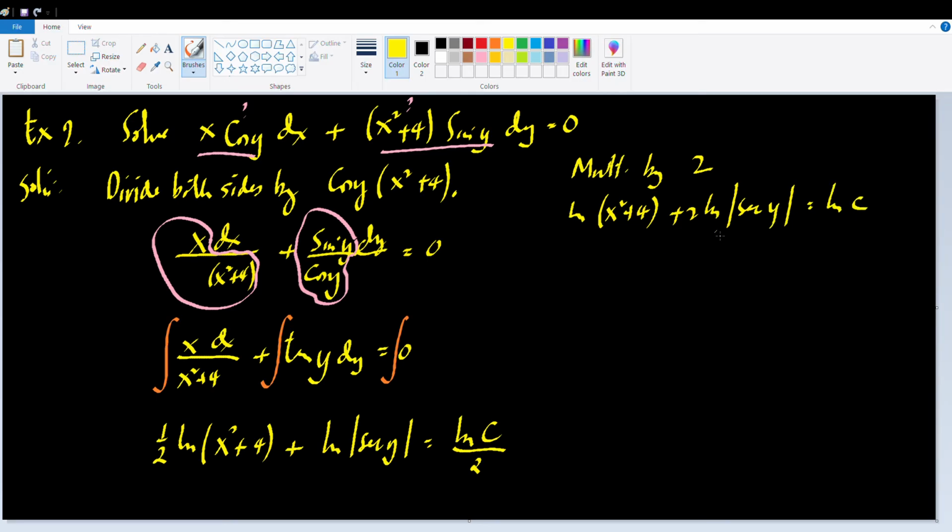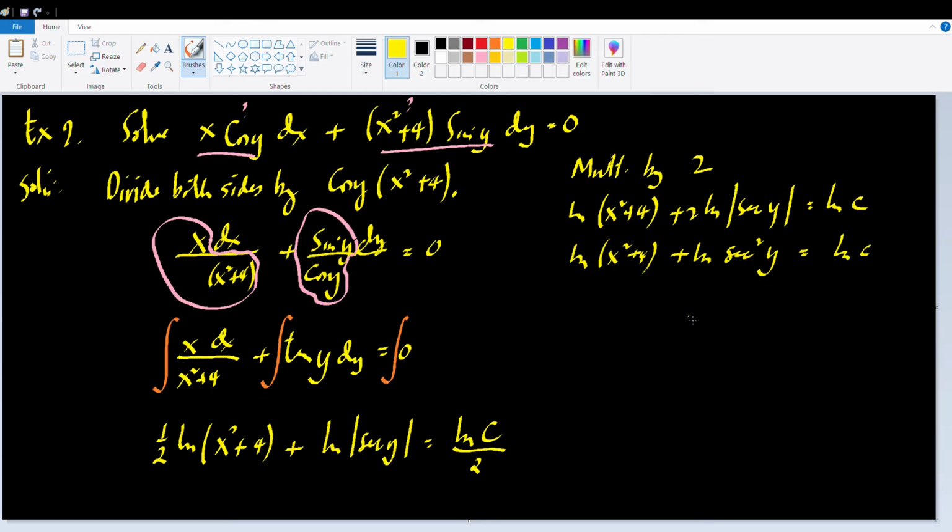As you can see, there is no more fraction involved. And then I can write 2 ln secant y as what? ln of secant squared y equal to ln of c.